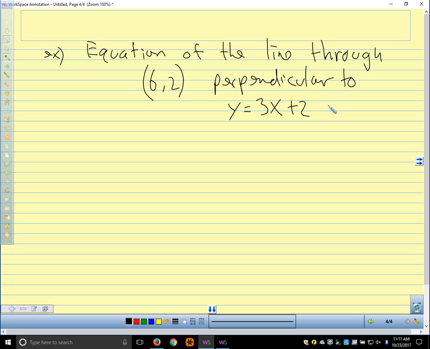So same kind of question as last time. The last time we were asking about the parallel line. Now we want to know about the perpendicular line.